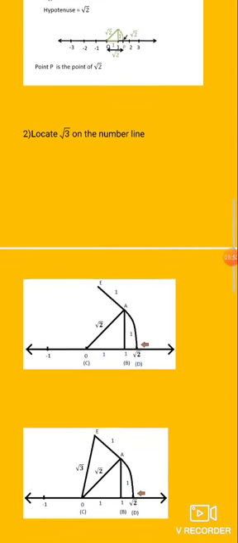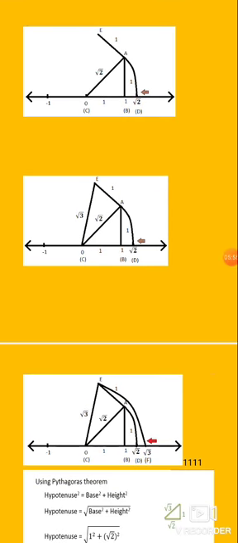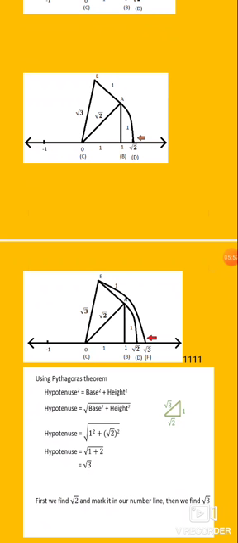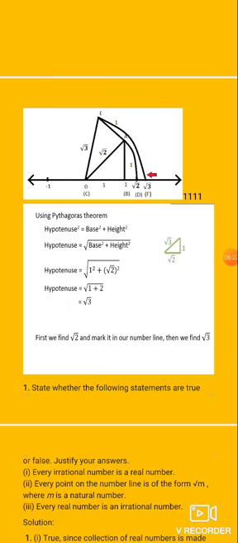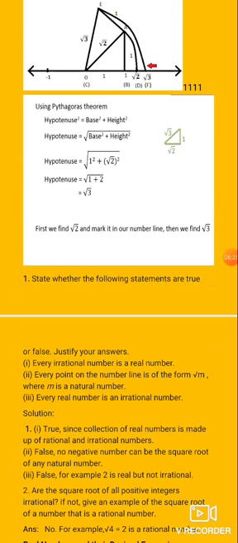Using the Pythagoras property, the hypotenuse is equal to the square root of 1 square plus root 2 whole square. So the hypotenuse is the square root of 1 plus 2. Root 2 square is what? 2 itself. Add them, that is root 3. So to locate root 3 on the number line, first we need to locate root 2 on the number line. Clear, students?